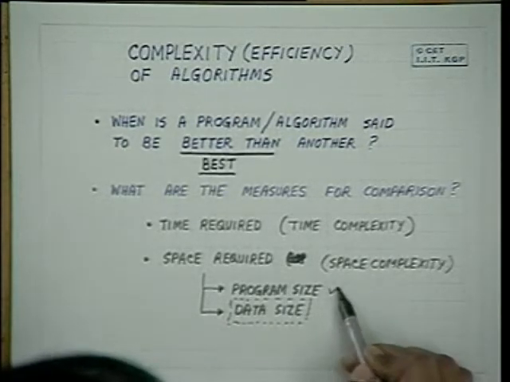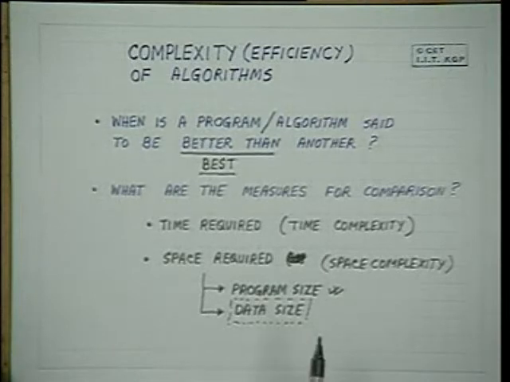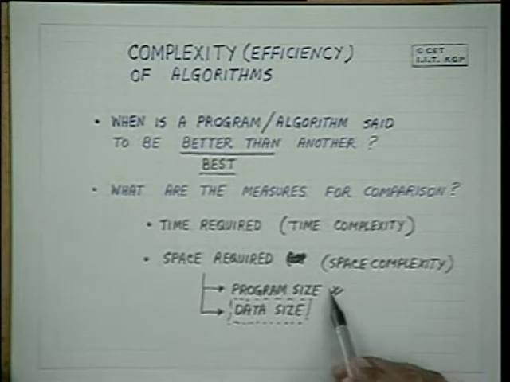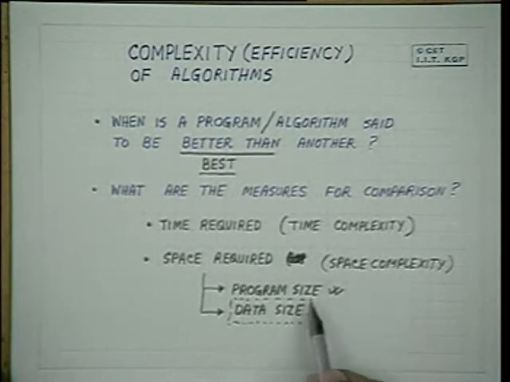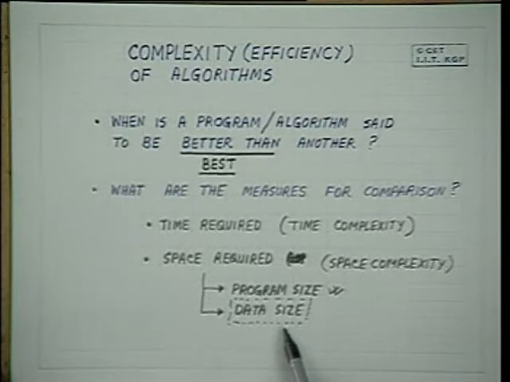On the other hand, the program size usually remains constant. It does not change with the input, because if you change the input, the program does not change, but the data size definitely may change with the input, because you may allocate dynamically according to the input.